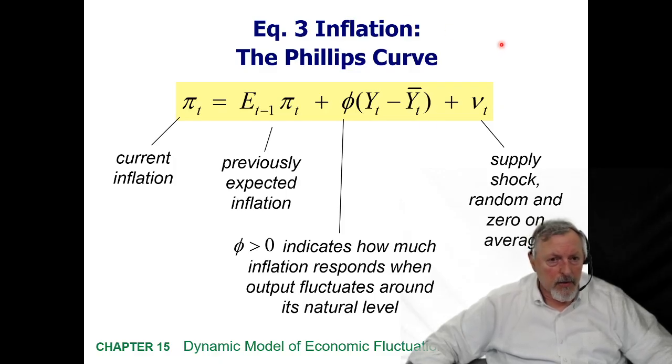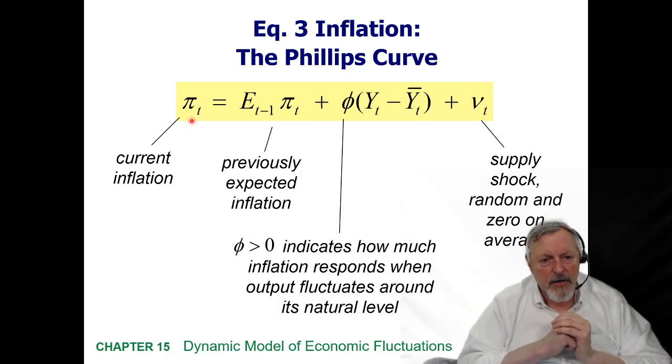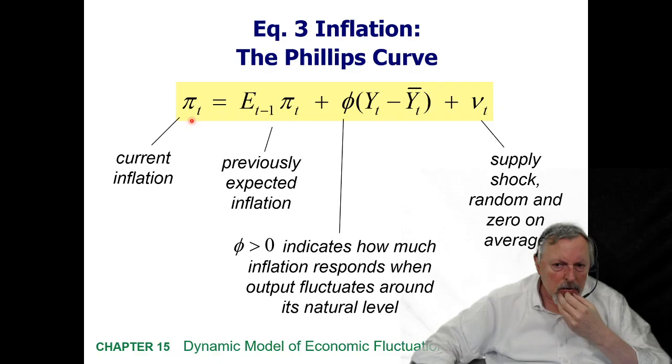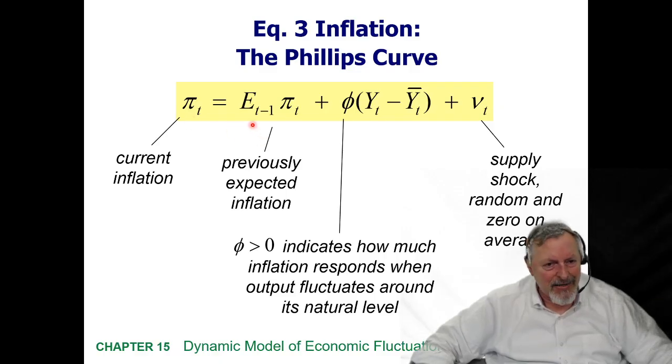Equation 3, what determines current inflation? This is essentially from the Phillips curve. Current inflation is affected by three things. First, the rate of inflation people expected in the previous time period. This is what people yesterday believed inflation would be today.